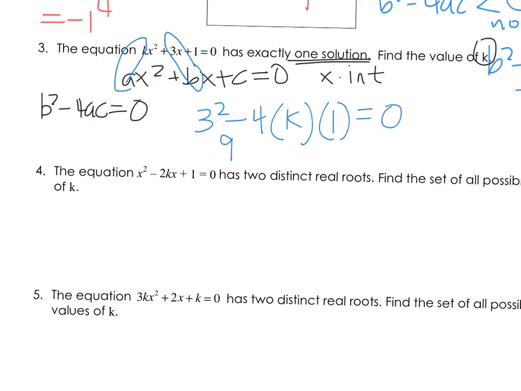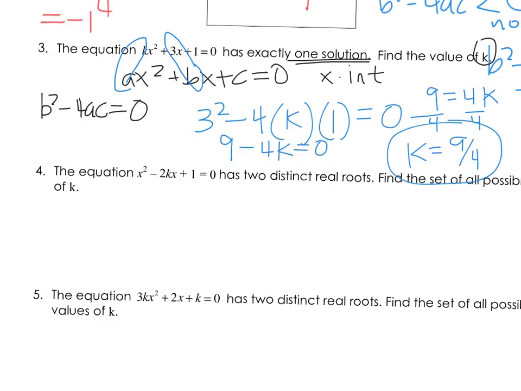Now I have 9 minus 4k equals 0. Move over my 4k, I could have 9 equals 4k. Divide by 4. So k has to be 9/4 in order for the equation to have only one solution.